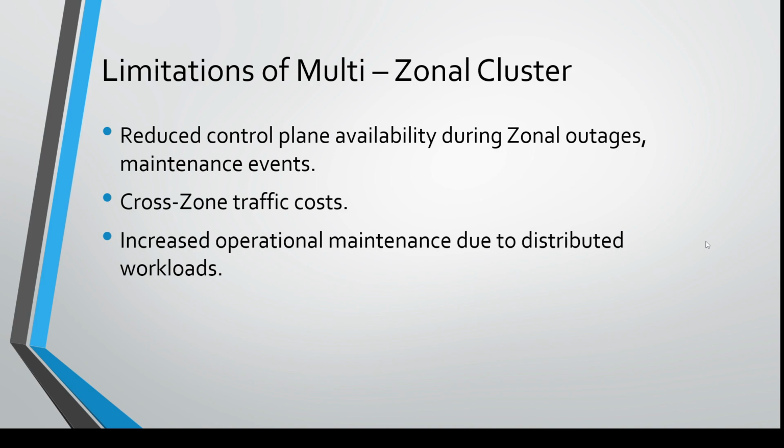There are certain node affinity and topology configurations that you need to take care of at the Kubernetes manifest level to make sure that your workloads get spread across the availability zones so that you don't face any downtimes during a zonal outage or maintenance events in a specific zone, right? So that's an additional limitation wherein you incur additional operational overhead. So that's another limitation with the multi-zonal cluster.